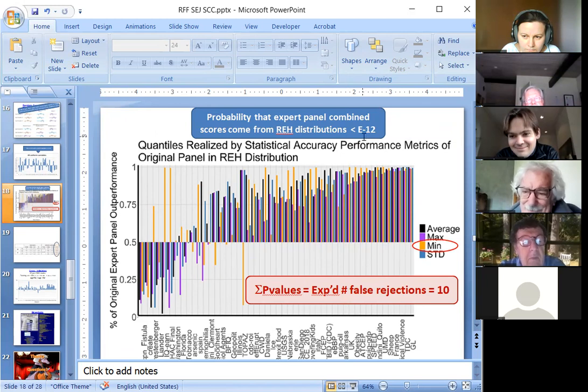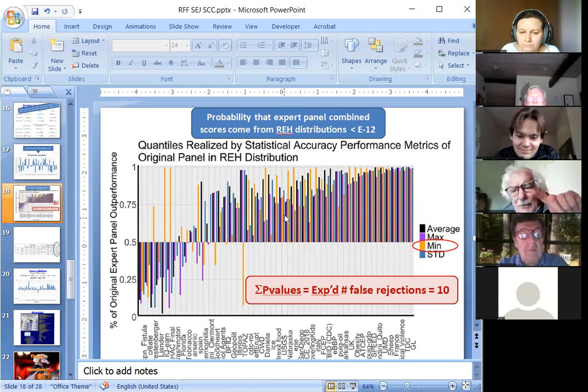I mean, it was already clear, right? But now it's clearer than clear. Now, there's one thing I want to point out here, and that's this minimum. The minimum is this orange. And I reversed the sense of the minimum because I want the results that are unfavorable to the random expert hypothesis to be above the line of 1/2.